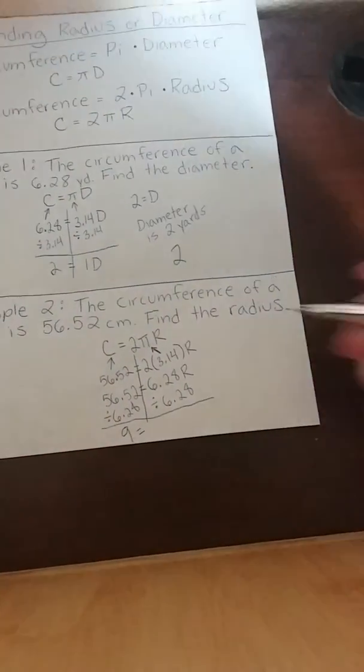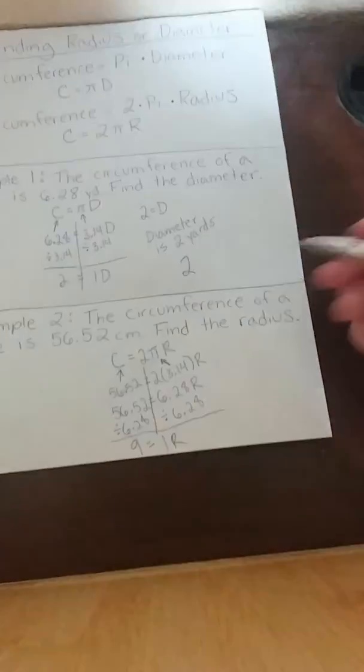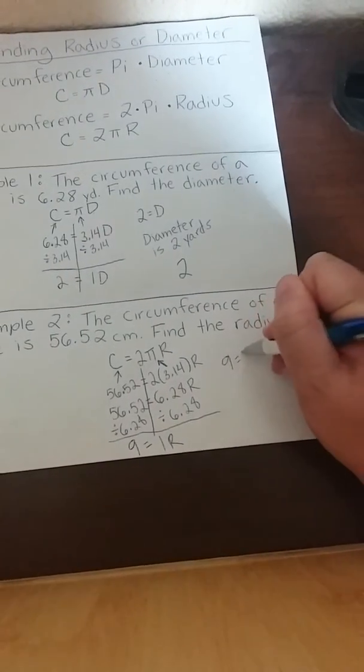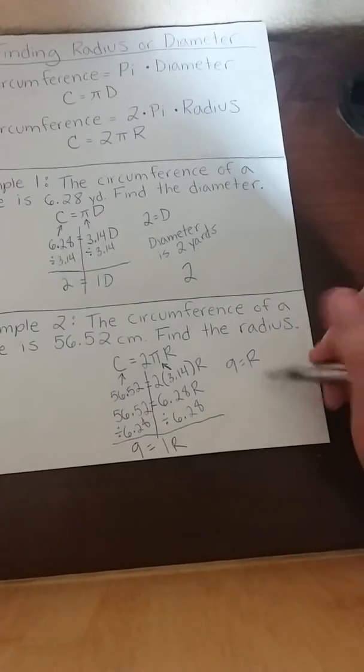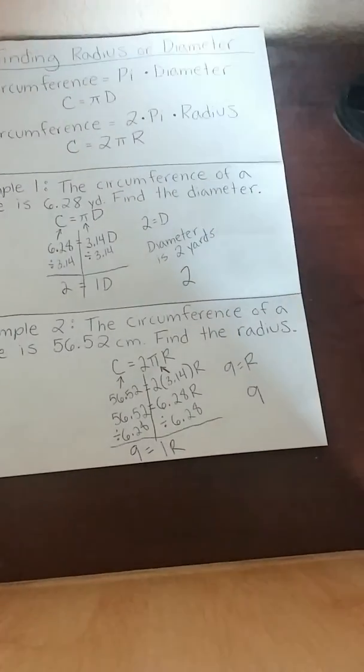On the other side, 6.28 divided by 6.28 is 1, so 1r. Now I've got 9 equals r. That means the radius is 9 centimeters, but on my homework, I would just write the number 9.